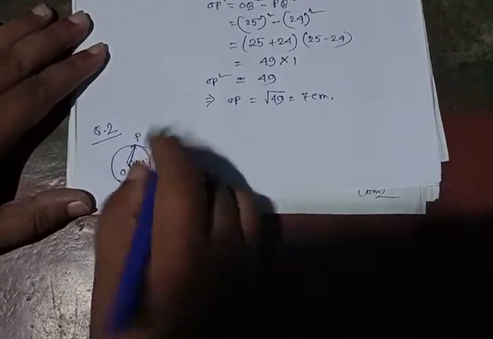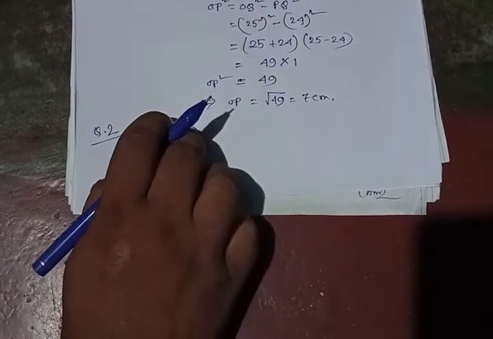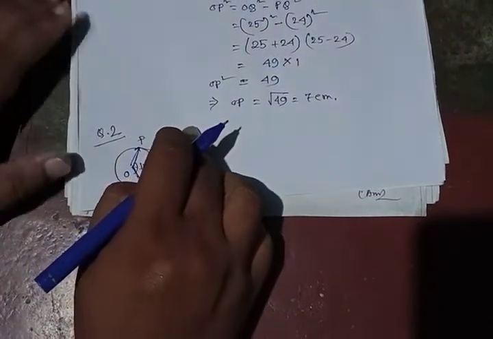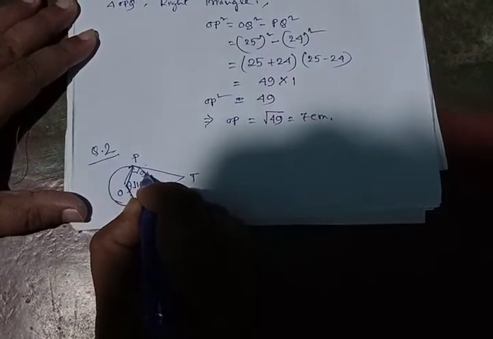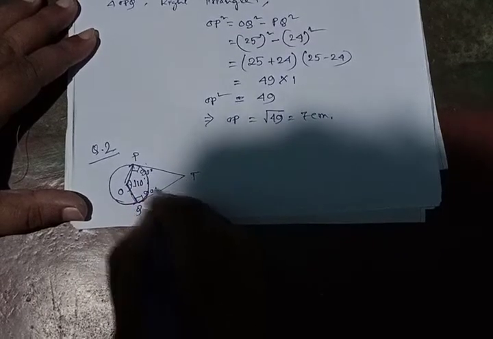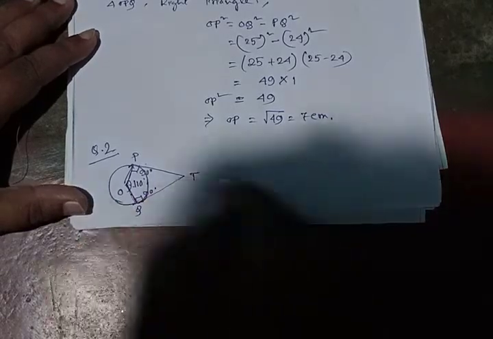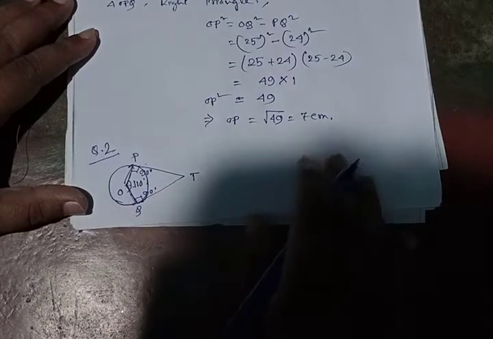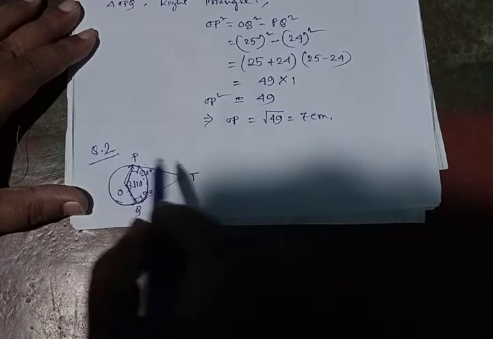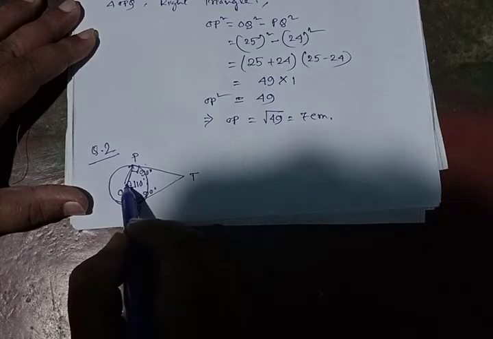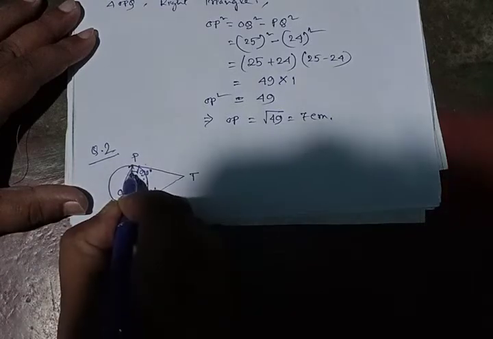So obviously this angle is 90 degree and this angle is also 90 degree. Hope you are able to understand it. Why is it 90? Because a tangent cuts the radius of the circle at any point at 90 degree.